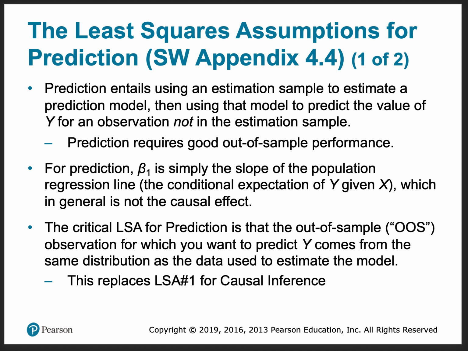So for prediction, our slope, beta 1, is simply the slope of the population regression line. Alright, so we have to assume that the districts in Northern California and the districts in Southern California are part of the same population, so that we can use the same slope estimated from Southern California to predict the outcome variables for Northern California.